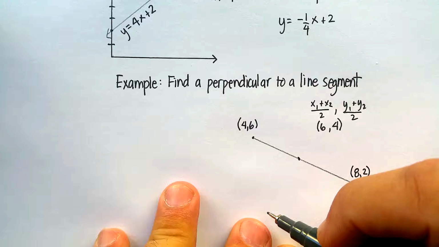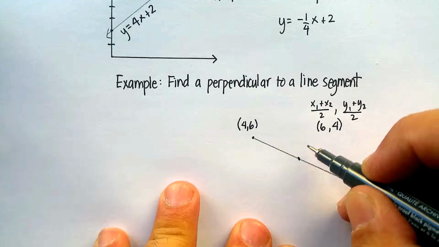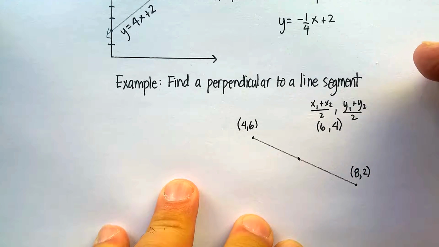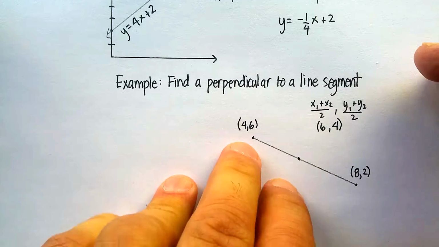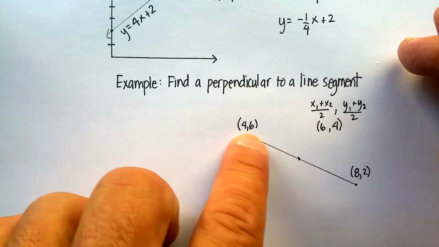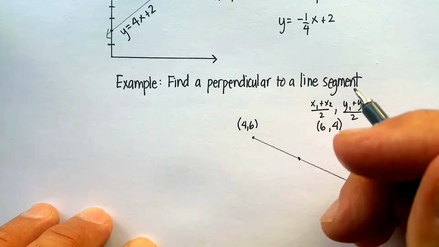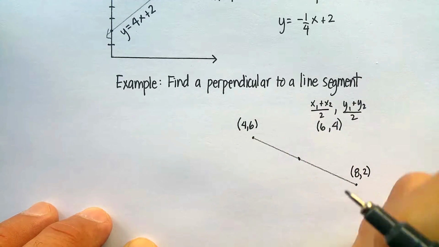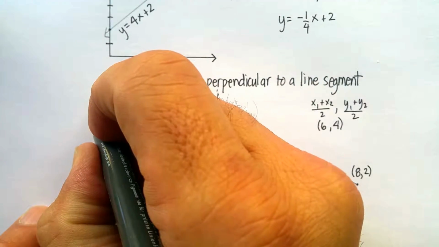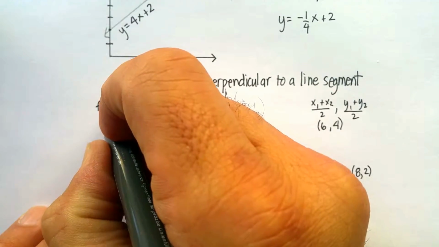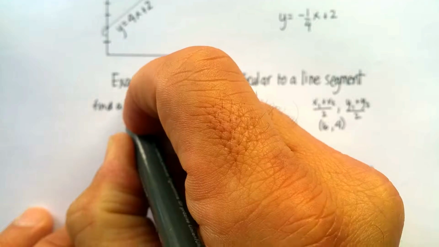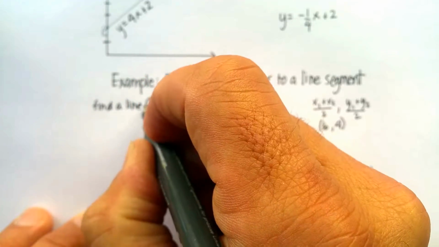Now I want to create a perpendicular line here. What's the first thing I'm going to have to do? I'm going to have to figure out what the slope of this line is so I can do the negative reciprocal. How do you find a line from 2 points? All right, so step 1, find a line from 2 points.